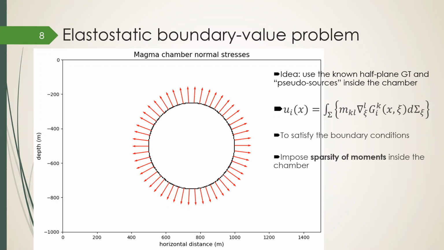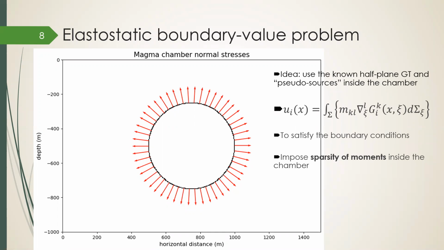Now, it's a very well-known fact that it is possible to approximate uniform pressure on the walls of a spherical cavity in a full space by some triaxial sources inside the chamber. That's a well-known result by Eshelby.